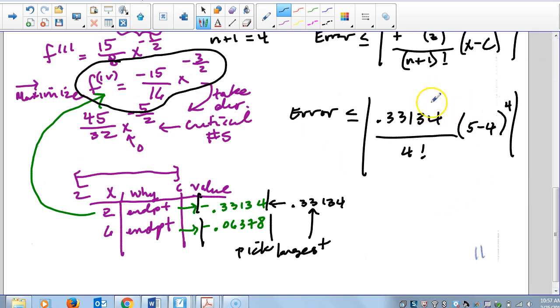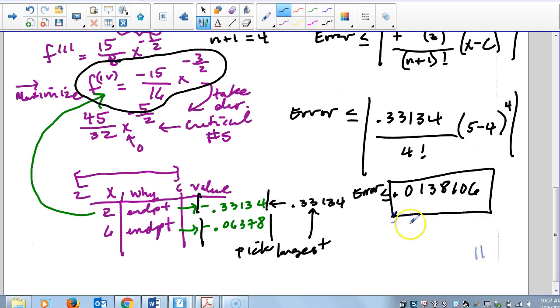So we want the maximum because I want to make sure my error has to be within, I'm forcing it to be within a certain number. And if I work that out, I get 0.0138106. So my error is less than that, plus or minus that.